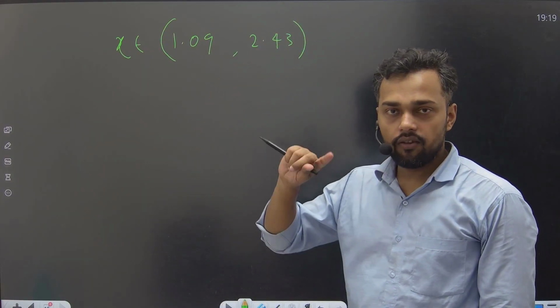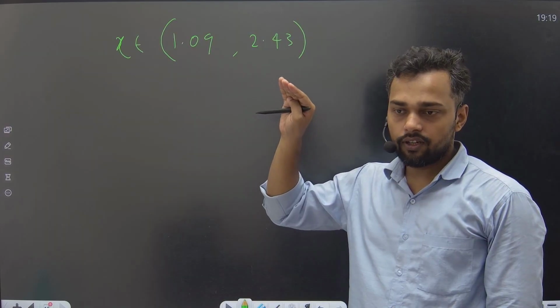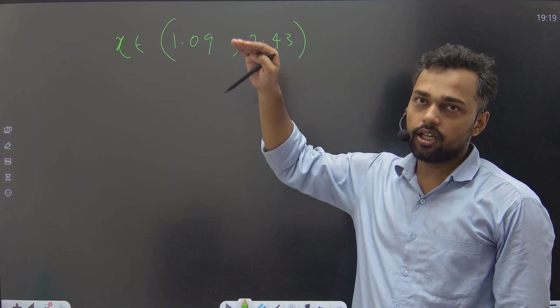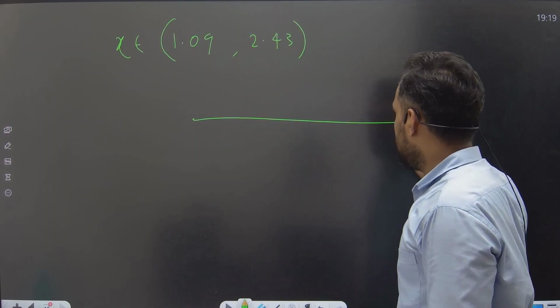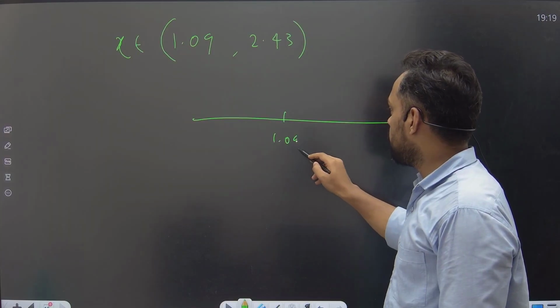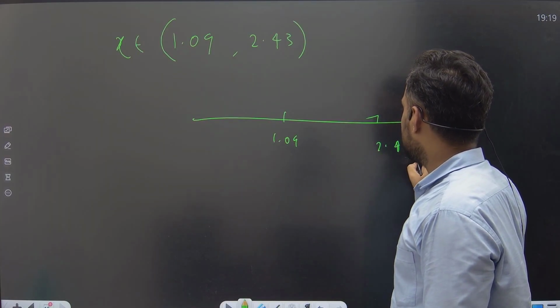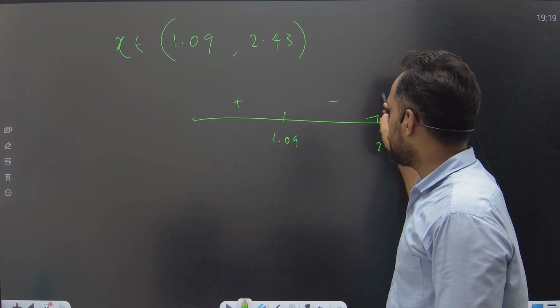Similarly, if we want the points where it is concave upwards, I'll tell you that part also. See, 1.09, 2.43, this is the wavy curve method, plus minus plus.